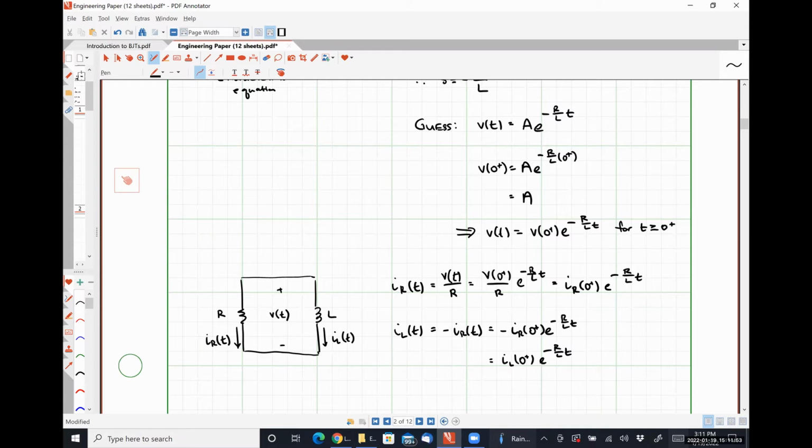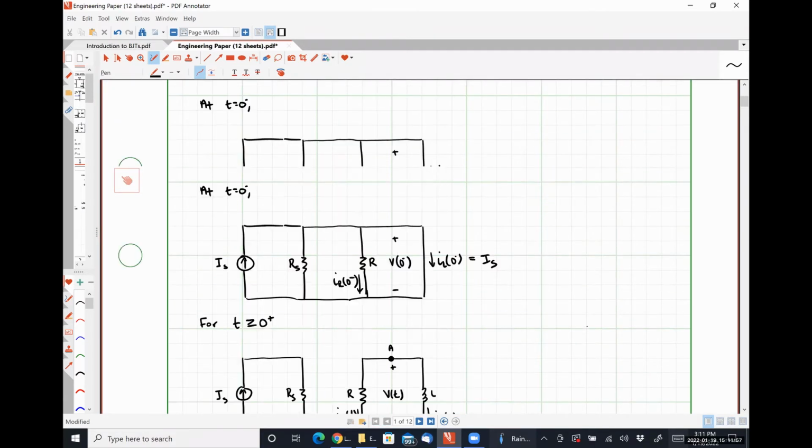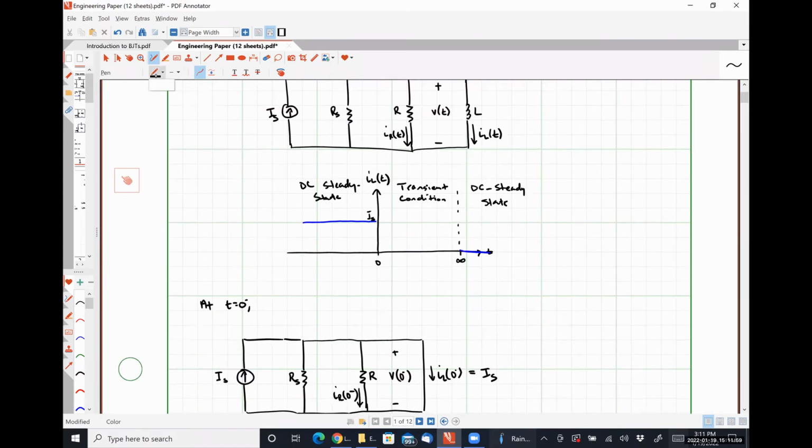So, circling back around to that graph that I drew on the front page, we can say that this is going to have some exponential decay like this. That is just IL at 0 plus e to the negative R over L t. Okay.